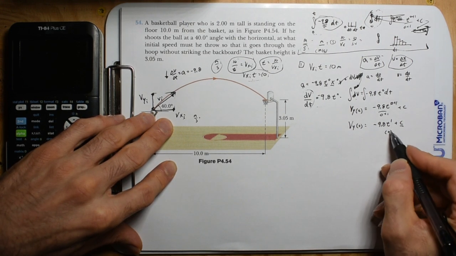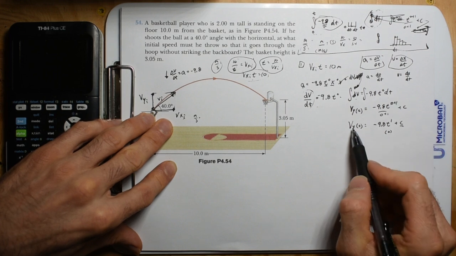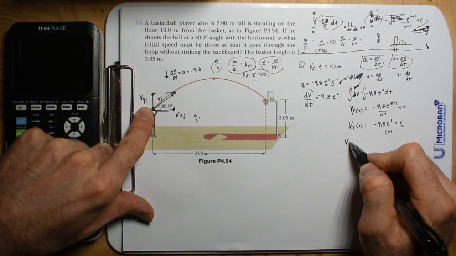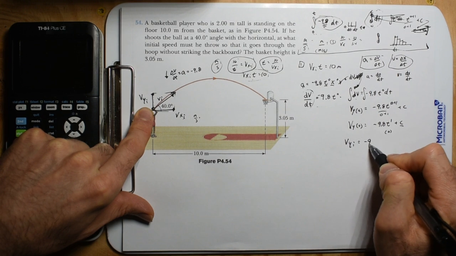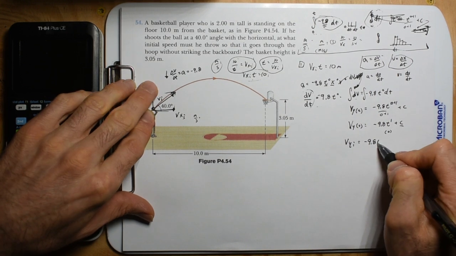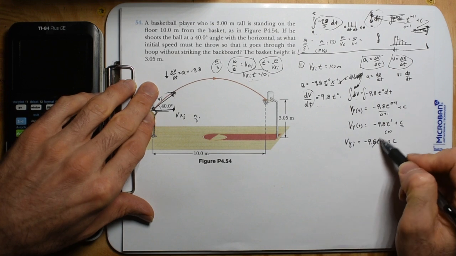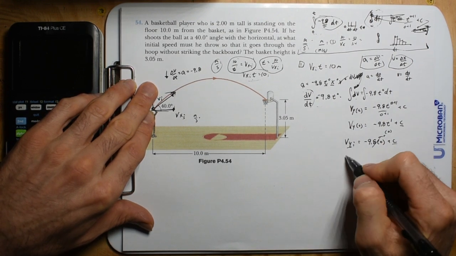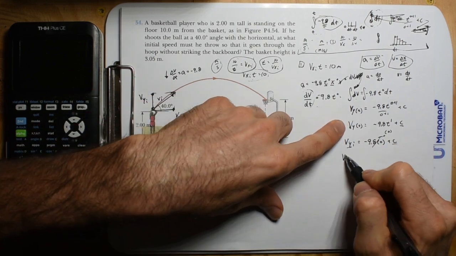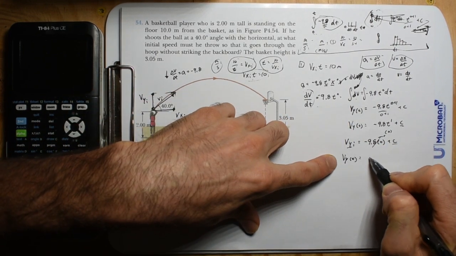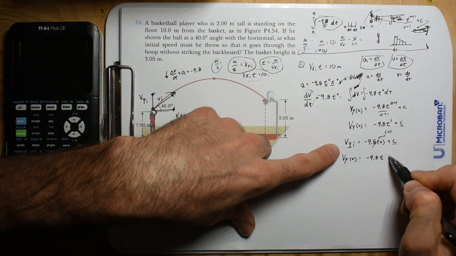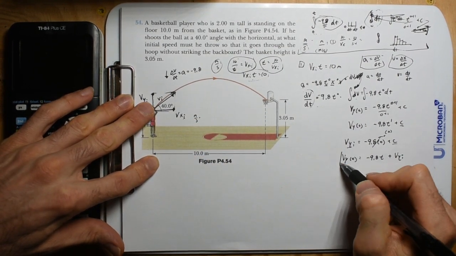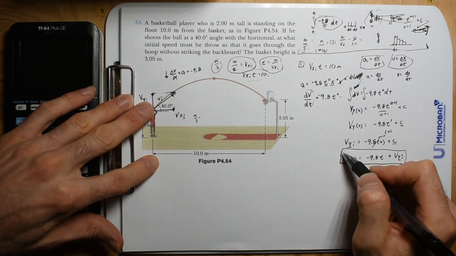At time 0, what do we know about our velocity? vy initial is equal to negative 9.8 times 0 plus a constant. This is 0. Our c is vy initial. So our equation is vy of t is equal to negative 9.8 t plus vy initial. And now we have an equation for velocity.